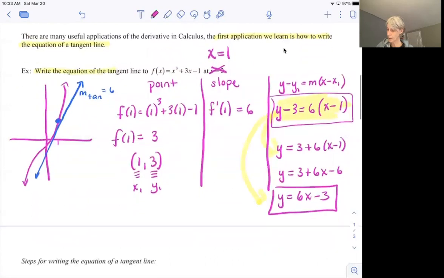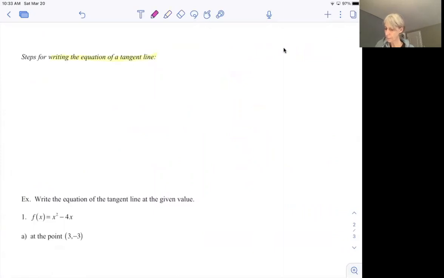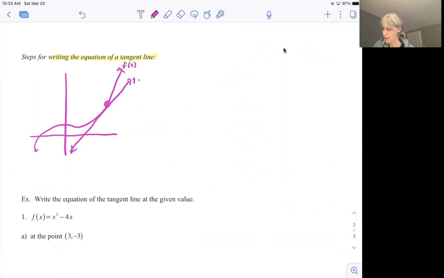Our goal is to eventually be able to recognize all the different forms. Okay. So let's write down some steps for finding the equation of a tangent line. If we're looking to find the equation of a tangent line on a given function, so this is my function, this is my tangent line.